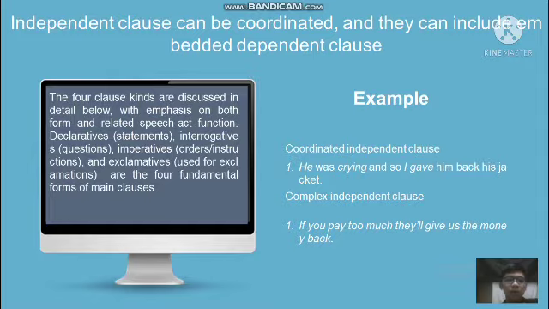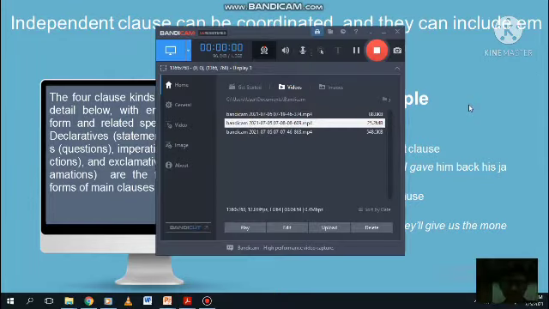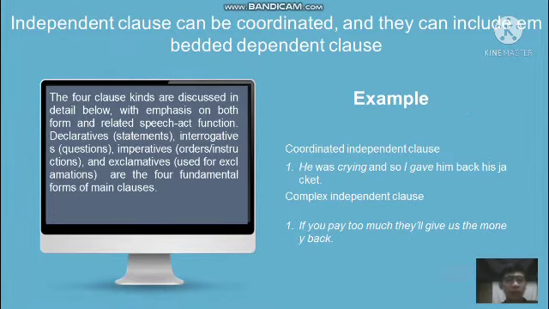For example, we have coordinated independent clauses. A coordinated independent clause has two or more independent clauses. So, for example, he was crying and so I gave him back his jacket.